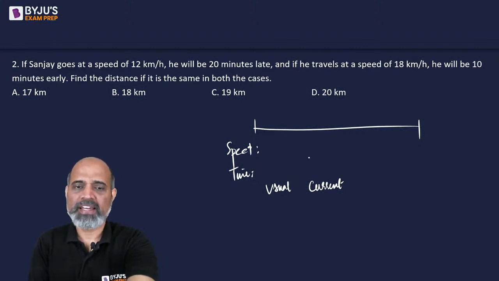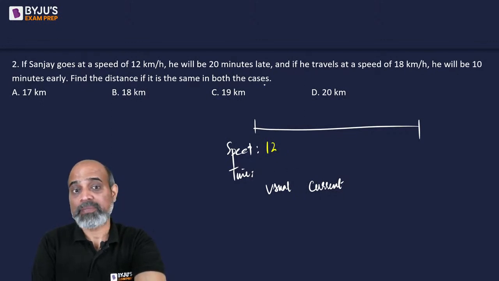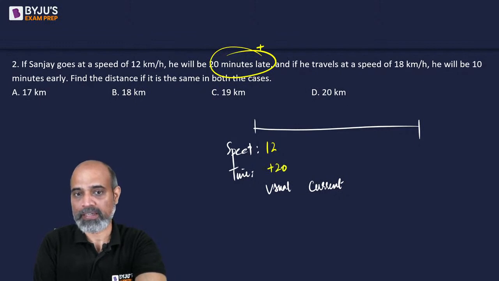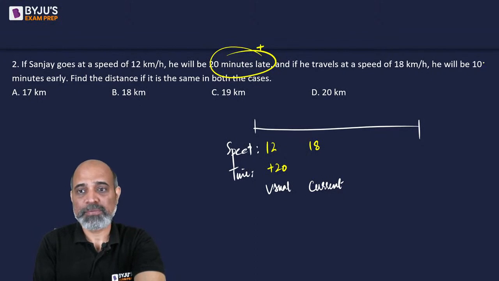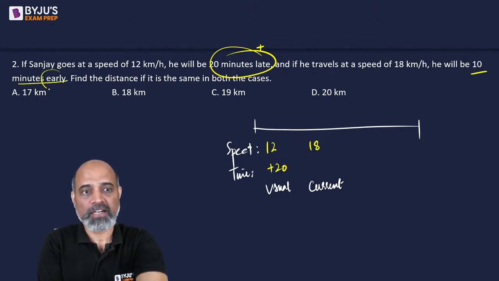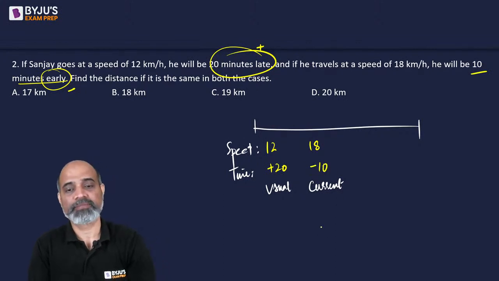So usually he travels at this speed of 12 km per hour and he is 20 minutes late. Late मतलब ज़्यादा, so you will write plus 20 and or you can write t plus 20, completely your choice. And currently he is going at the speed of 18 km per hour and he will be 10 minutes early. Early means less, so minus likhoge. So this will be minus 10 minutes.